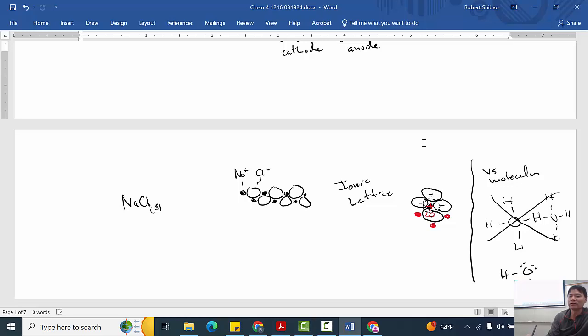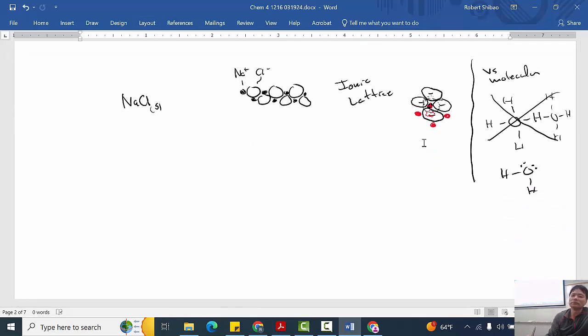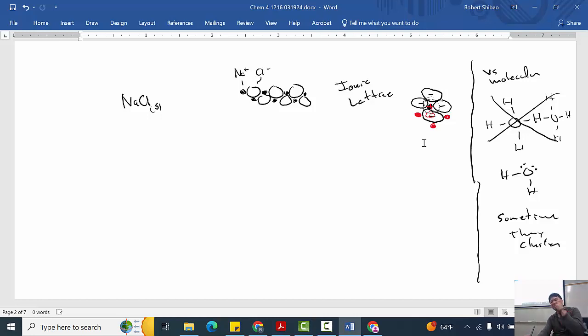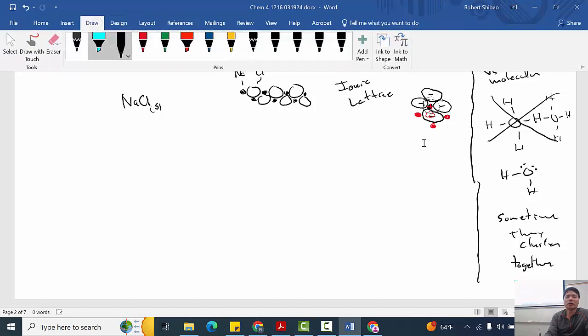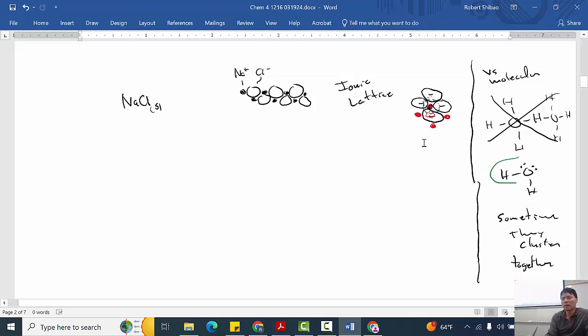Sometimes we can cluster these molecules together, but it occurs as a single unit. And so each oxygen only wants 2 hydrogens, and that's it.